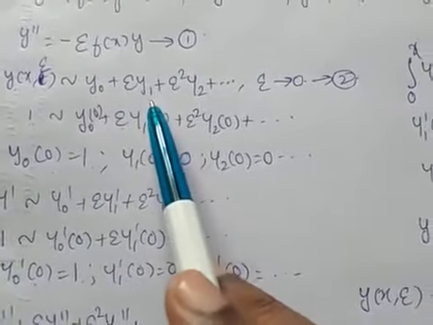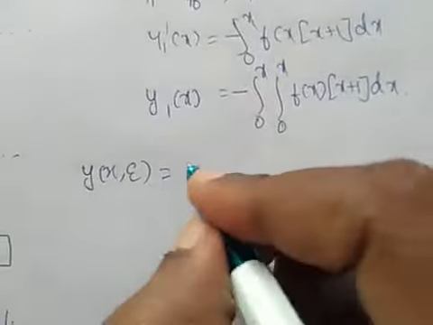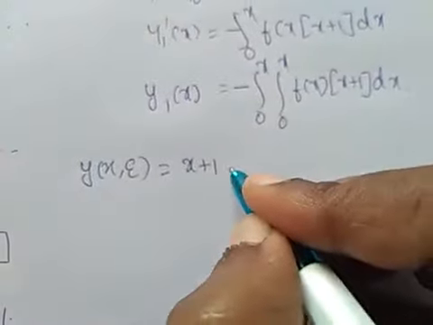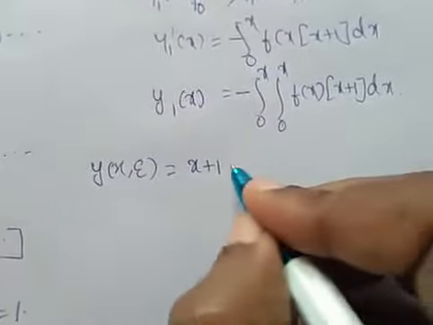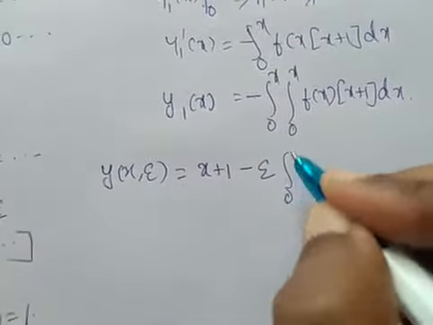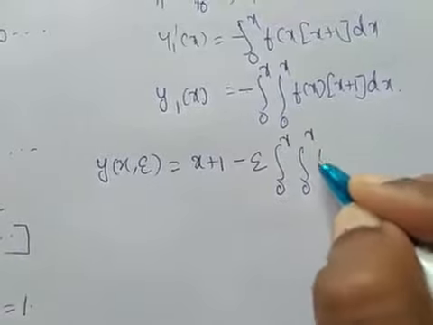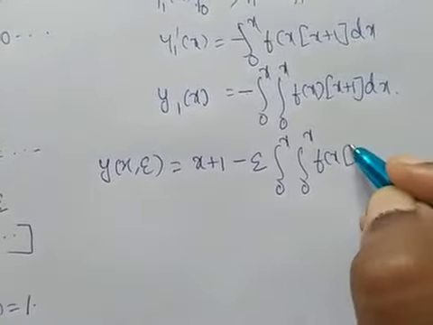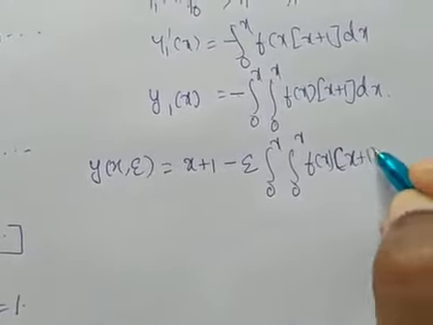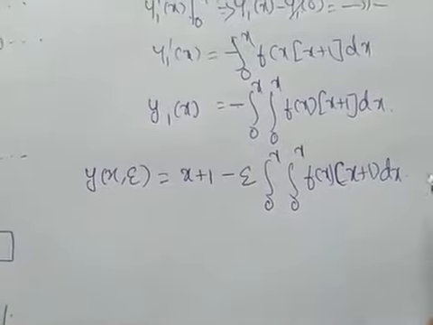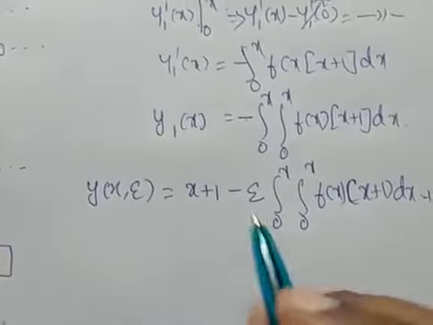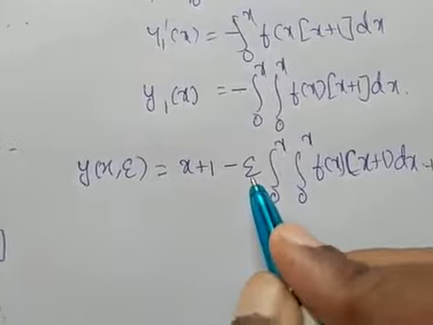Then epsilon into y1, then epsilon square into y2, etc. So x plus 1 minus epsilon, 0 to x, 0 to x, f of x, x plus 1 dx, plus etc. So we have to substitute epsilon equal to 1.